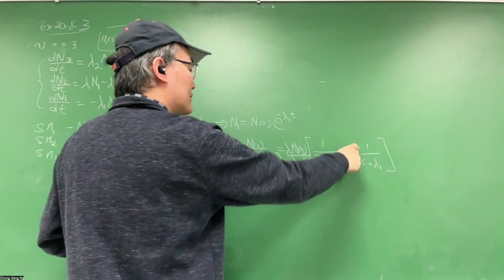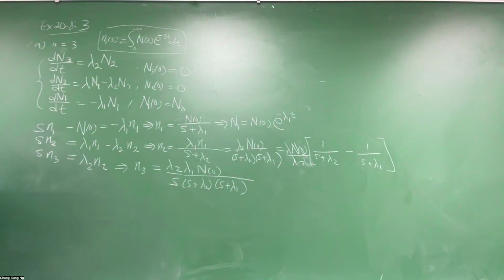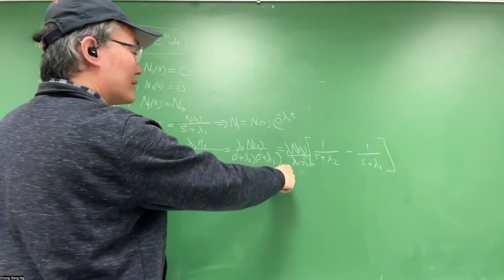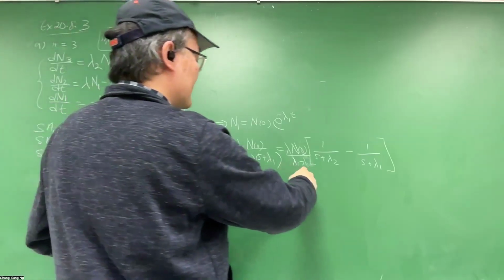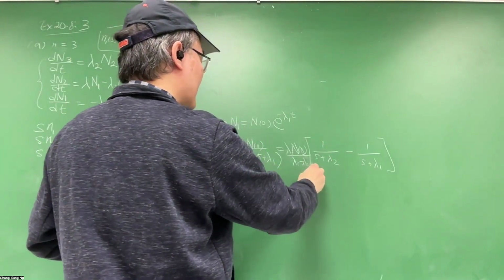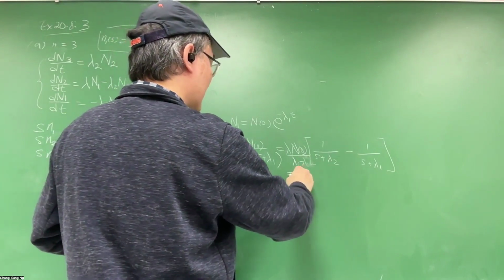That will cancel S. Divide by that. Okay, and now using the same table, this implies two terms. Let's just keep writing it.